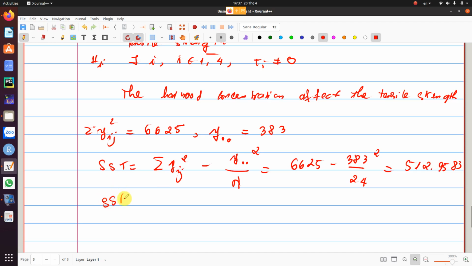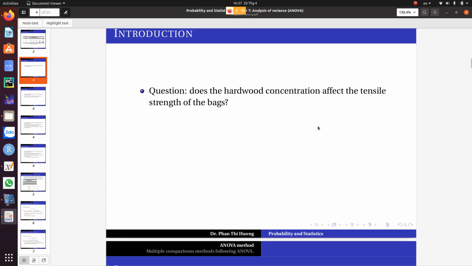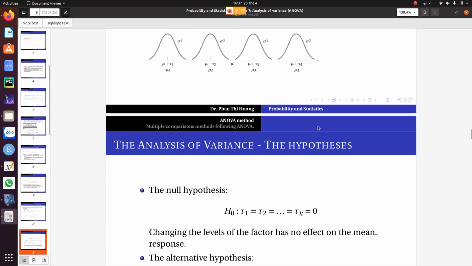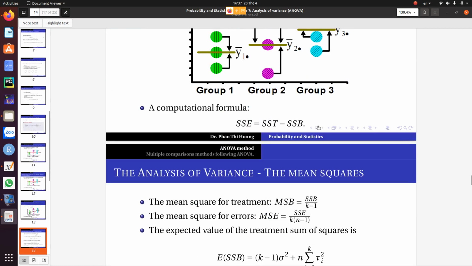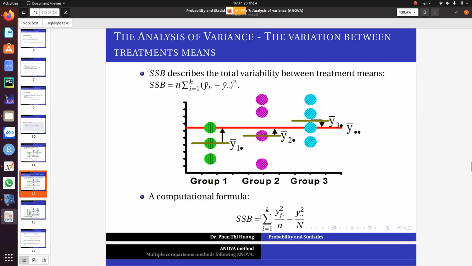We have SSB equal to, I return to the formula for you. For SSB, again, we have 2 formulas, the original formula and the computational formula. Using the computational formula, we have SSB equal to the sum of yi dot squared.